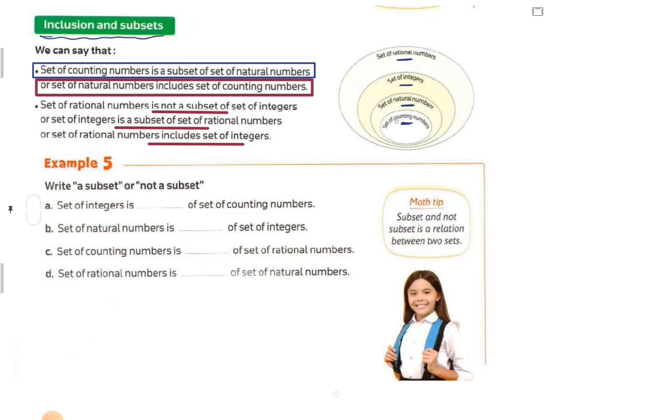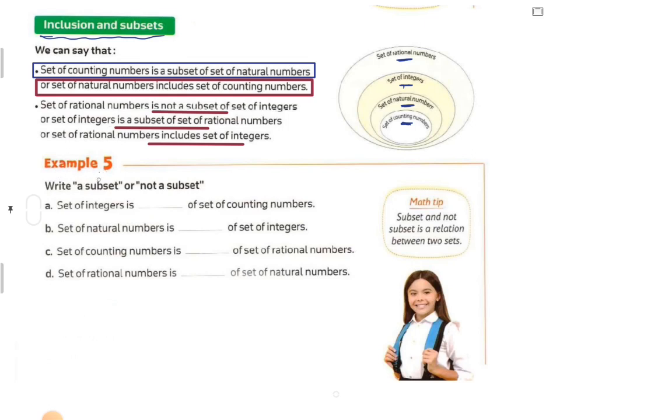I want to say that counting numbers are a part of natural numbers, so the set of counting numbers is a subset of natural numbers. Also the set of natural numbers is a subset of integers. The set of integers is a subset of rational numbers.